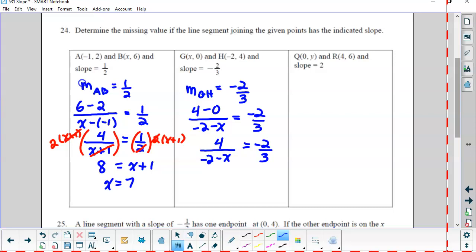This is pretty straightforward in terms of these are never going to be the same. So you can multiply through. Sometimes when we do this, we call it cross multiplying. So if that is how you want to think about it. But really, we're multiplying by 3 times -2 minus x on both sides.